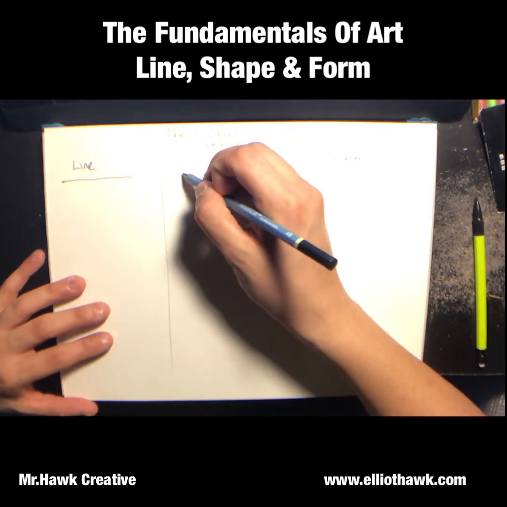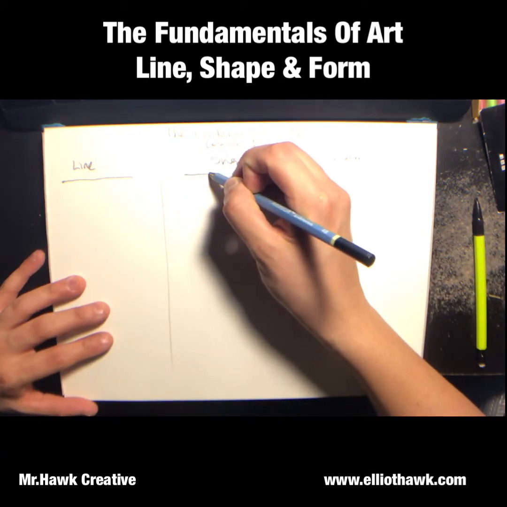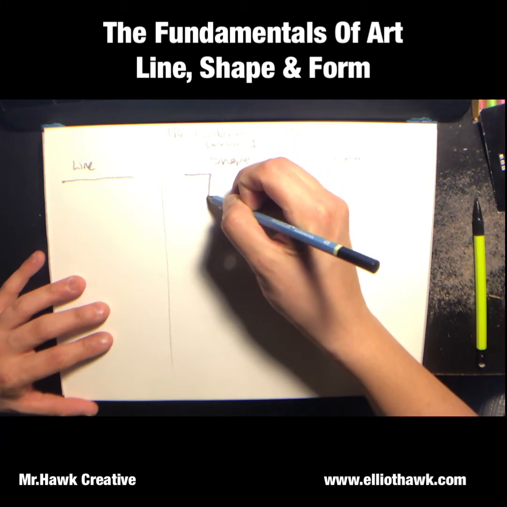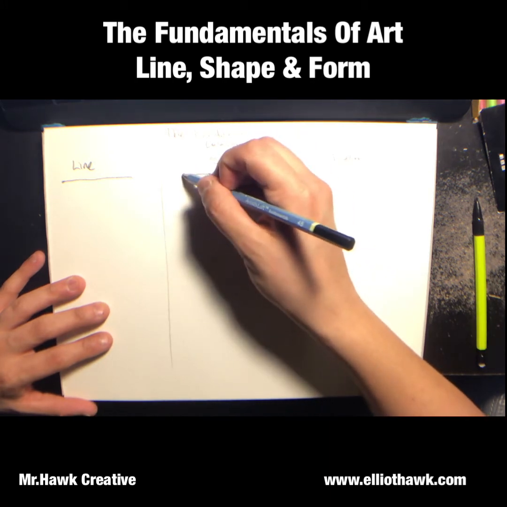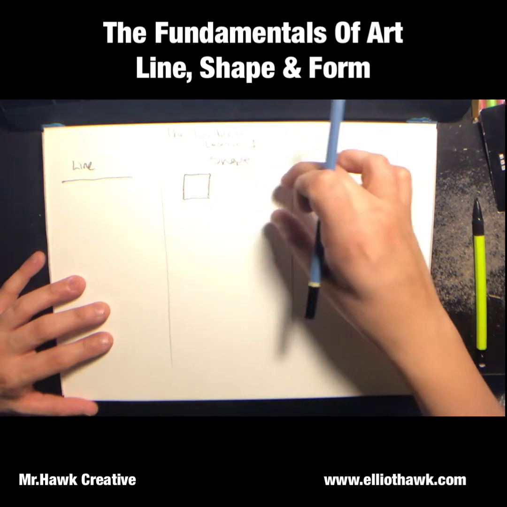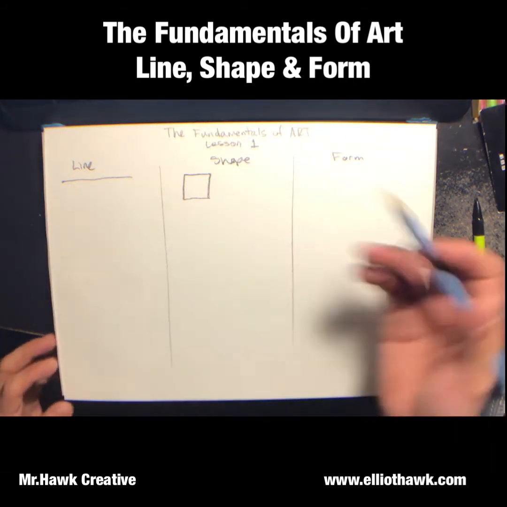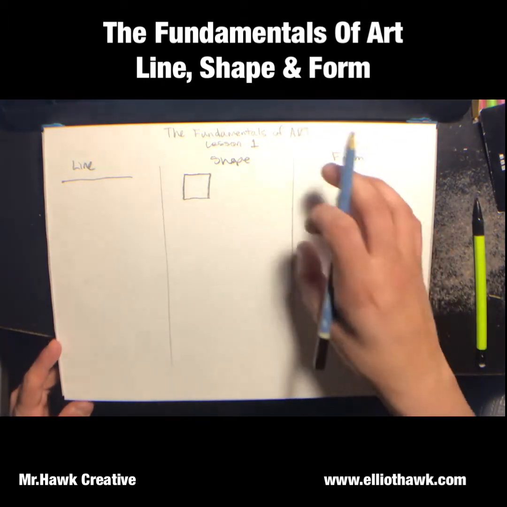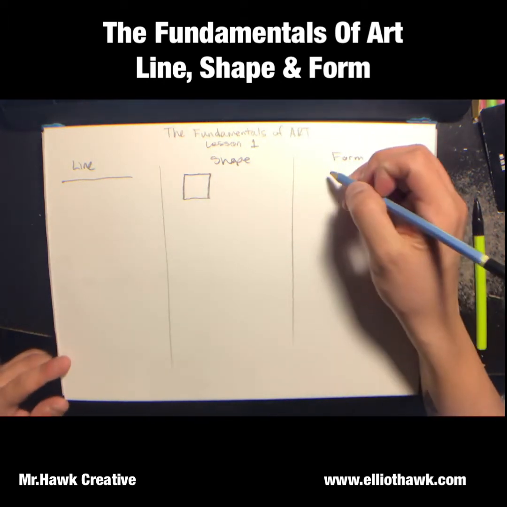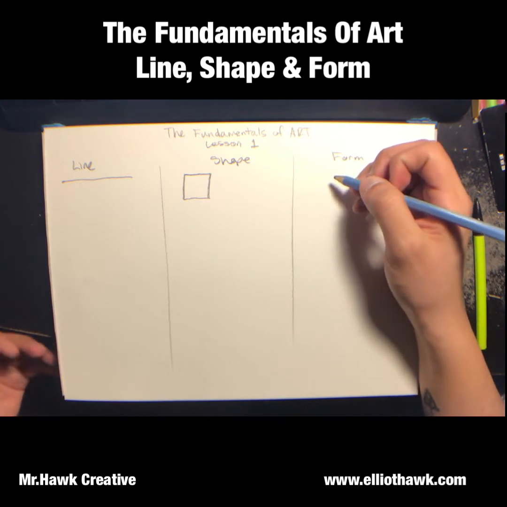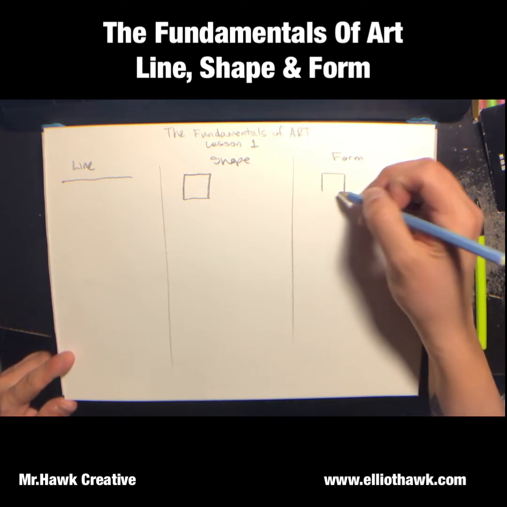So we have one line going this way, that's one dimension, and now we have two dimensions. So, when we have the same lines mirrored one another, there and there, that makes a shape. That's a two-dimensional shape, a square. And so then form, we pull that out into the third dimension. That is length, width, height, and so this is how we would indicate form.